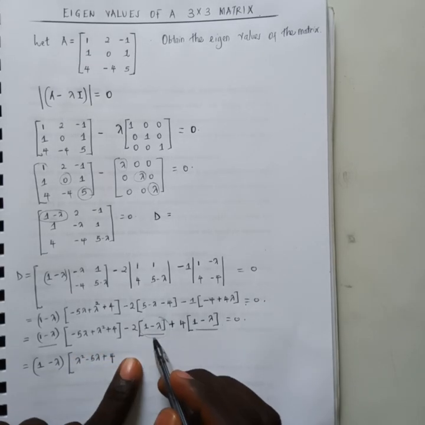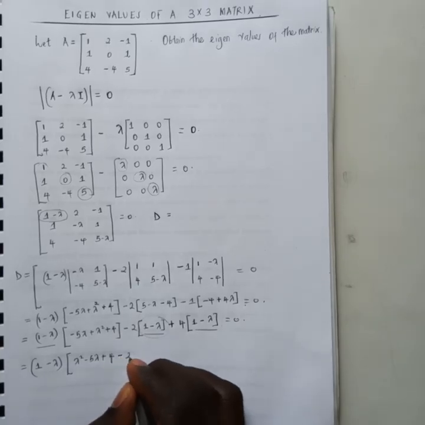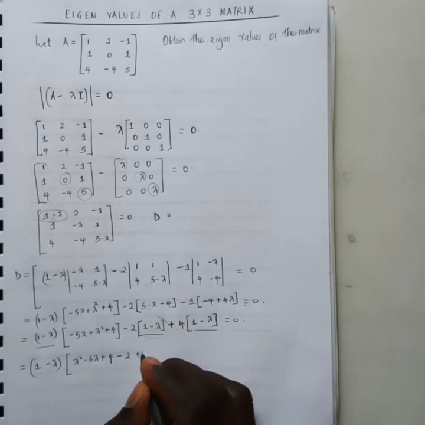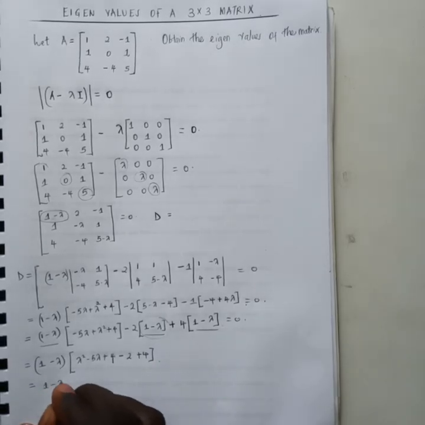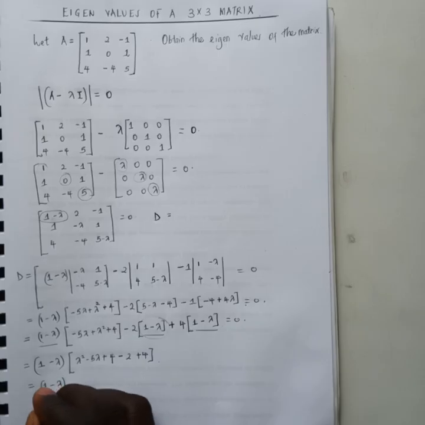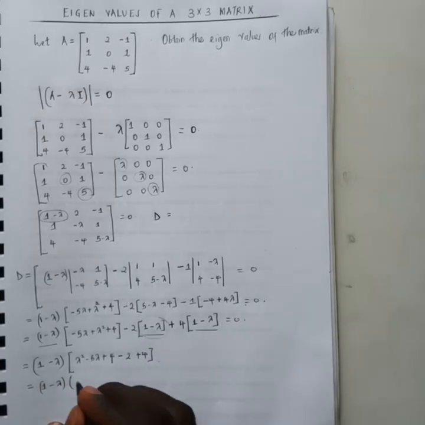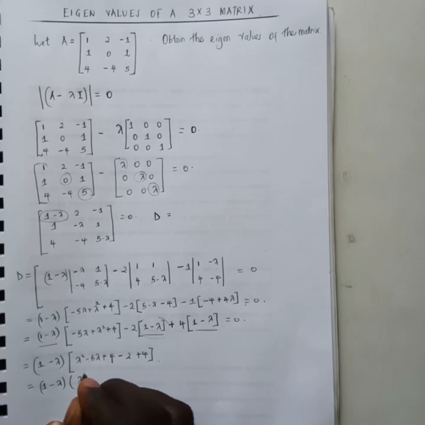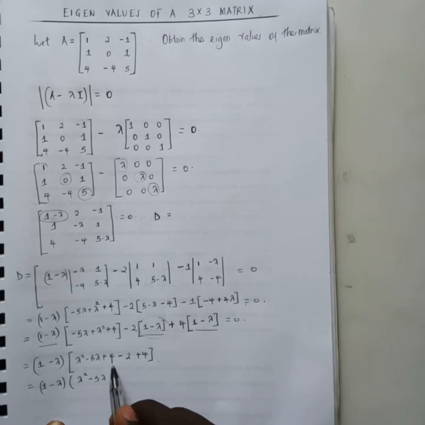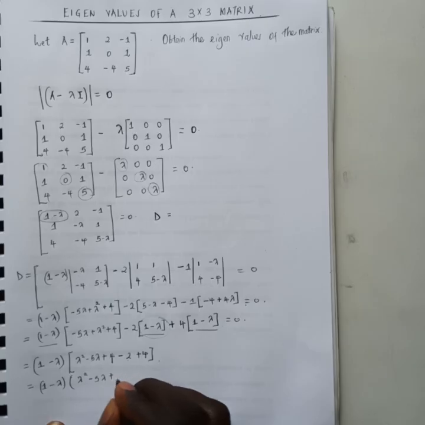Because we have factored here, it was twice, so we are going to subtract 2, and again we are going to add 4. And this one will be now 1 minus lambda into lambda squared minus 5 lambda, and this is minus 2 plus 4 is 2, so this one will be plus 6.